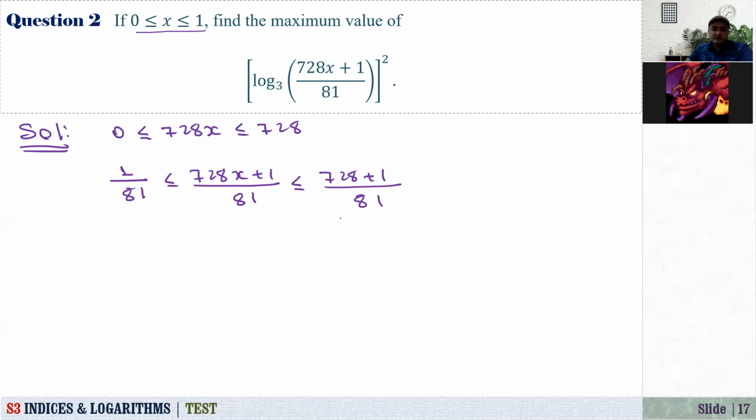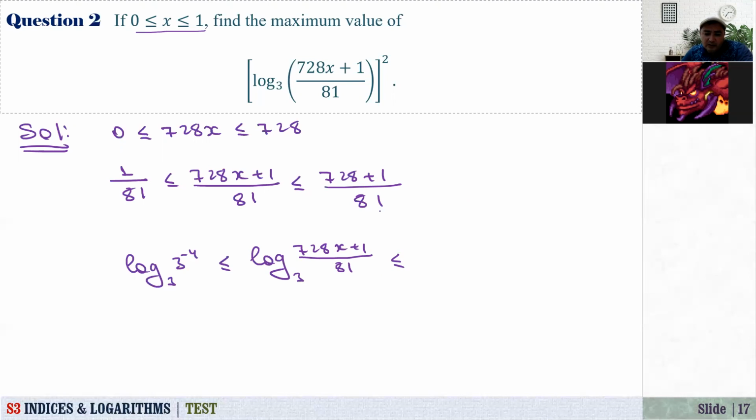Okay, so that's it. Now if you just take the logarithm of all sides with respect to 3, what do we have here? This 1 over 81 is 3 to the power of negative 4. So here we have log to the base 3 of 3 to the power of negative 4, less than or equal to log of (7 to 8 x plus 1) over 81 to the base 3, less than or equal to log of 7 to 8 plus 1, which is 7 to 9.